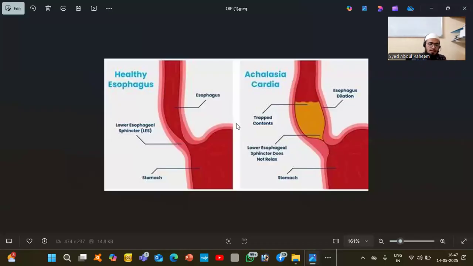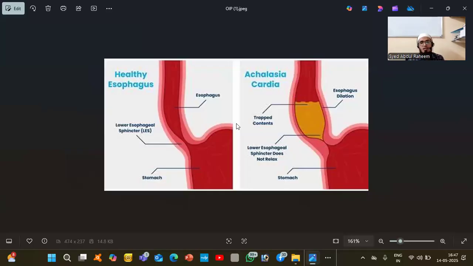In the esophagus we have two functions: swallowing of liquid substances and swallowing of solid substances. In esophageal cancer, solid substances are mostly difficult to swallow, while liquid substances you can swallow easily.